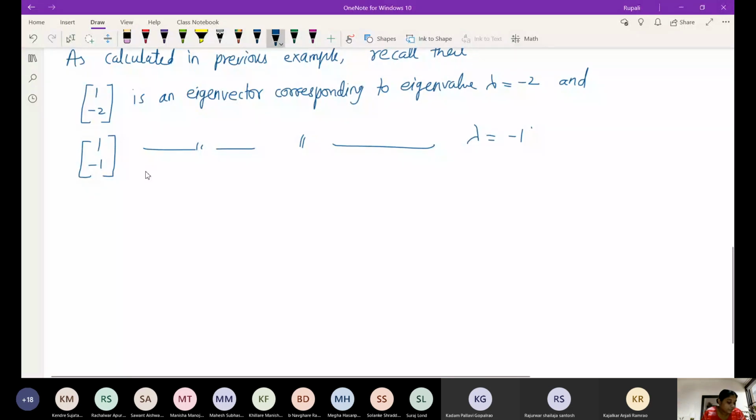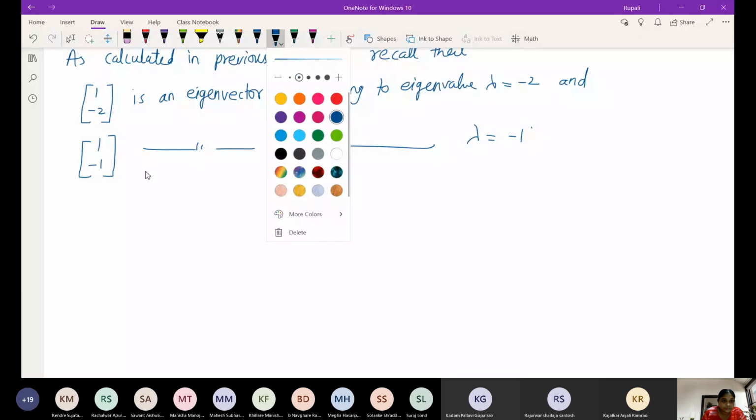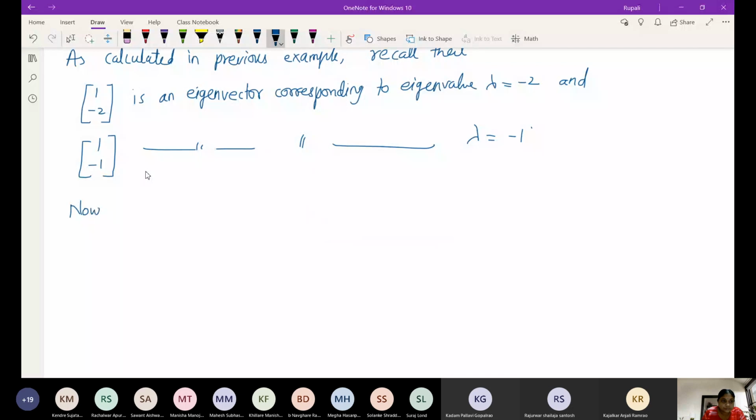Okay, so now we set u1, u2 is equal to b1 (1, minus 2) plus b2 (1, minus 1). I want to find the values of b1 and b2 which satisfy these.